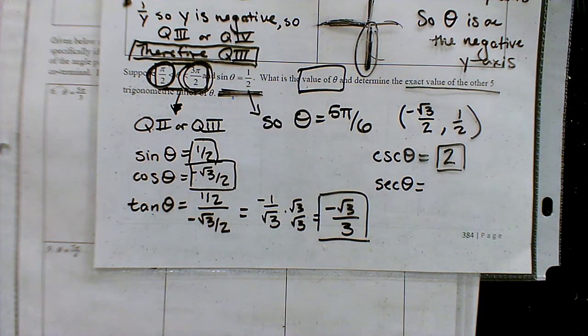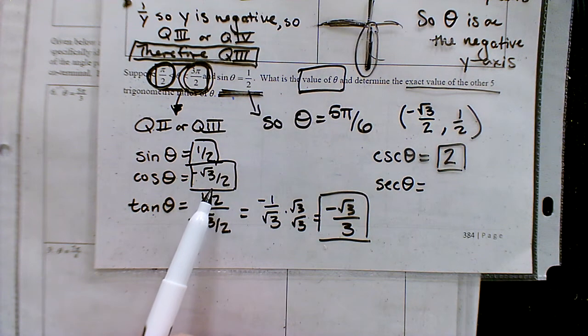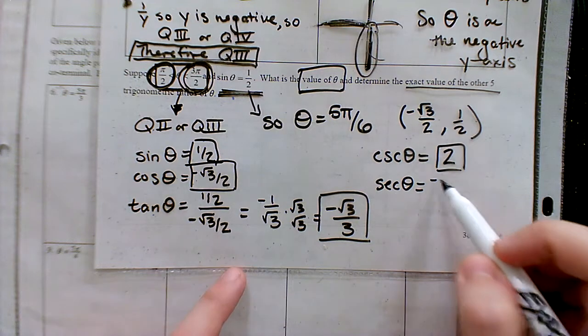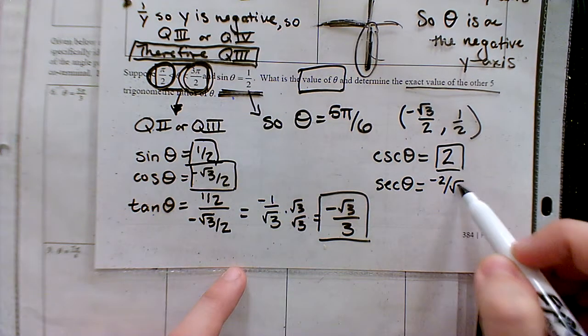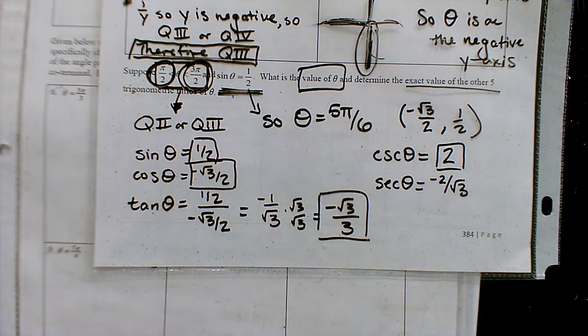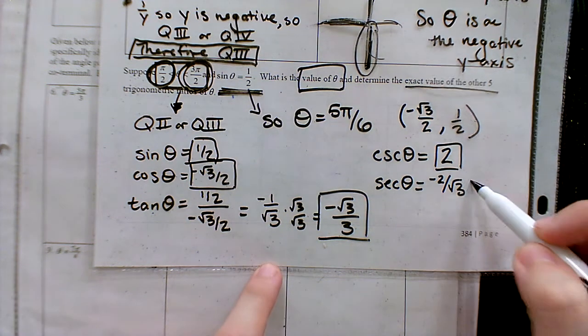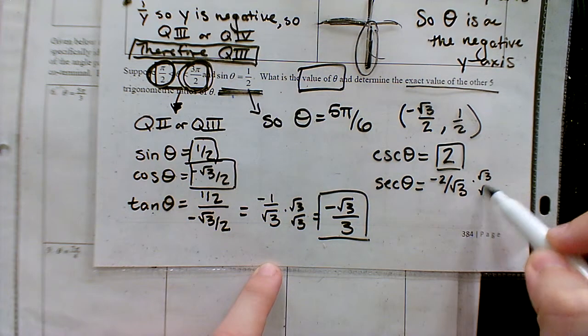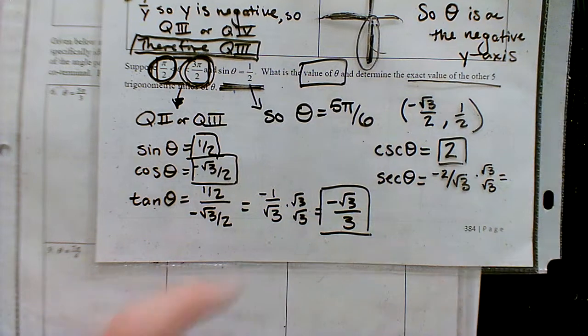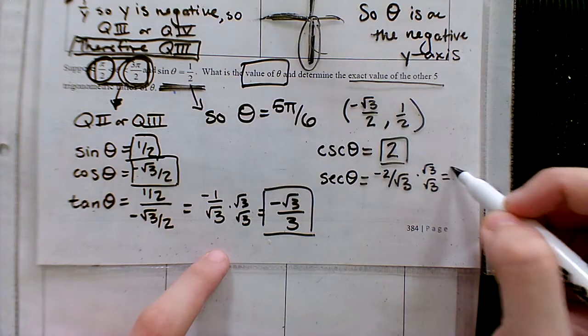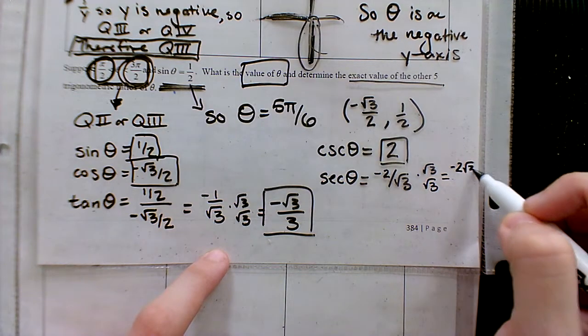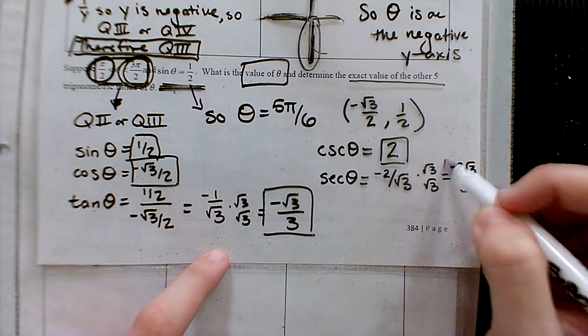Secant's the reciprocal of cosine. So if we were to flip cosine, we'd get negative 2 over the square root of 3. But again, notice how we have a square root in the denominator. So we will get rid of it. We'll have negative 2 square roots of 3 over 3.